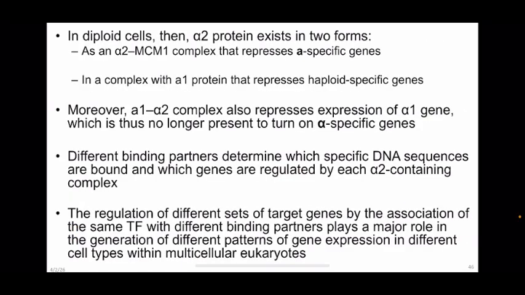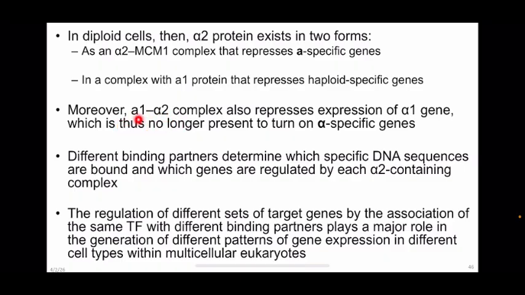Actually in diploids, the alpha 2 exists in two forms. One binds to the M21 complex, which is going to prevent the activation or transcription of A-specific genes, and one also binds to A1. That is going to repress the formation of haploid-specific genes.